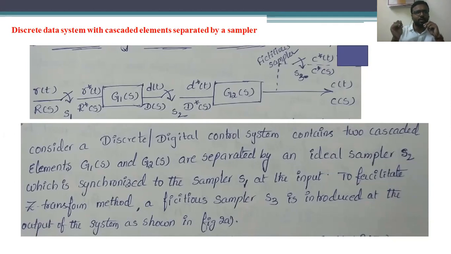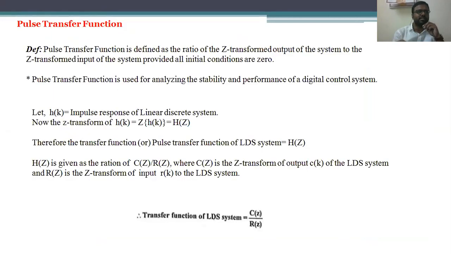So the next subtopic of the pulse transfer function is discrete data system with cascaded elements separated by a sampler. That means we are going to frame the pulse transfer function H of z for different kinds of discrete data systems. Previously we have seen what the pulse transfer function is. Now we are going to derive the expression for the pulse transfer function for different discrete data systems.